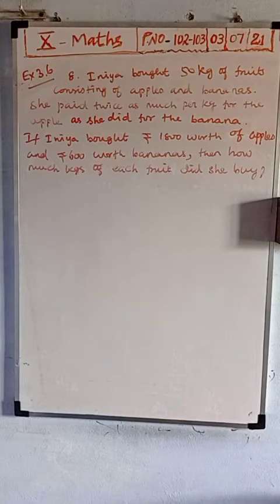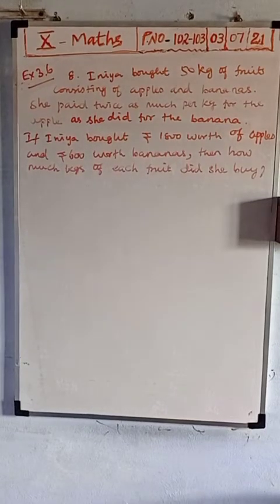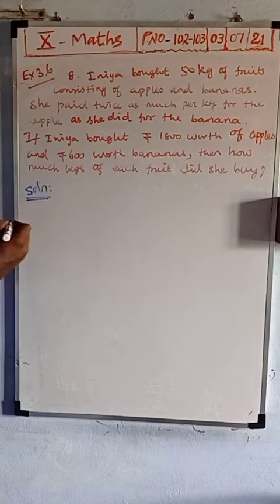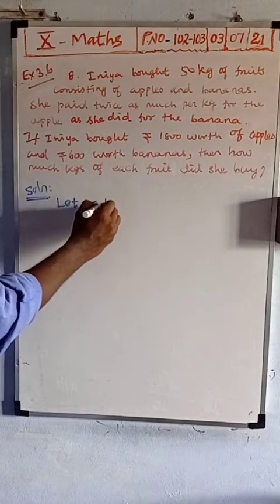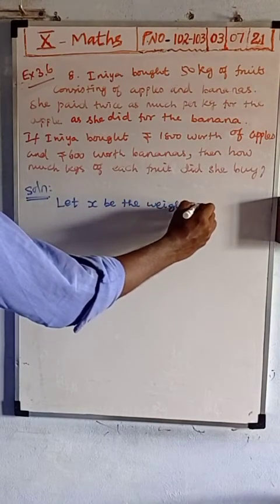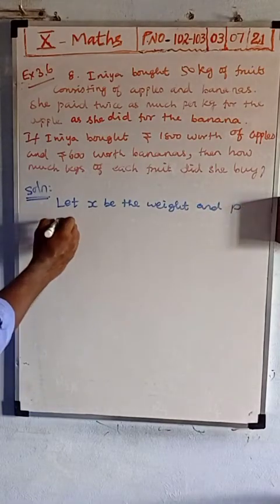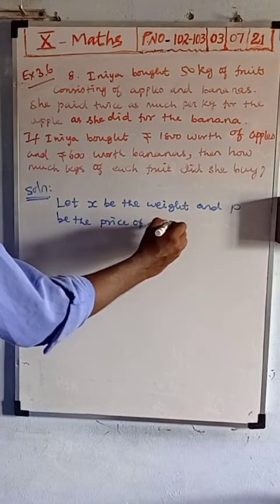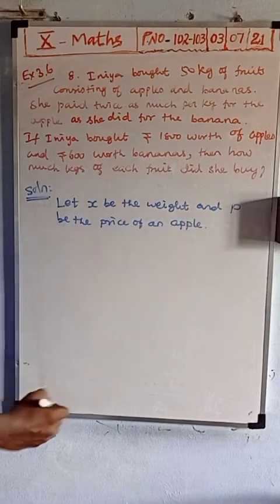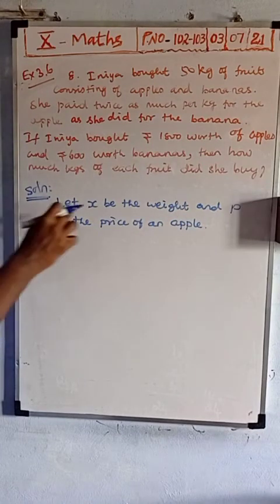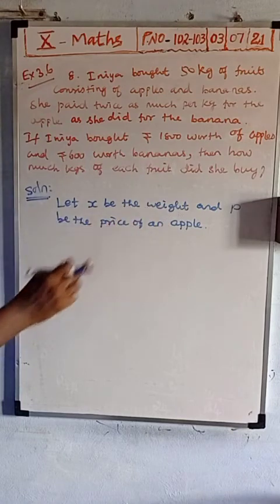Separately, how many kilograms of bananas and how many kilograms of apples, we want to find. This is the question. See the solution. First you choose, let x be the weight and p be the price of an apple.